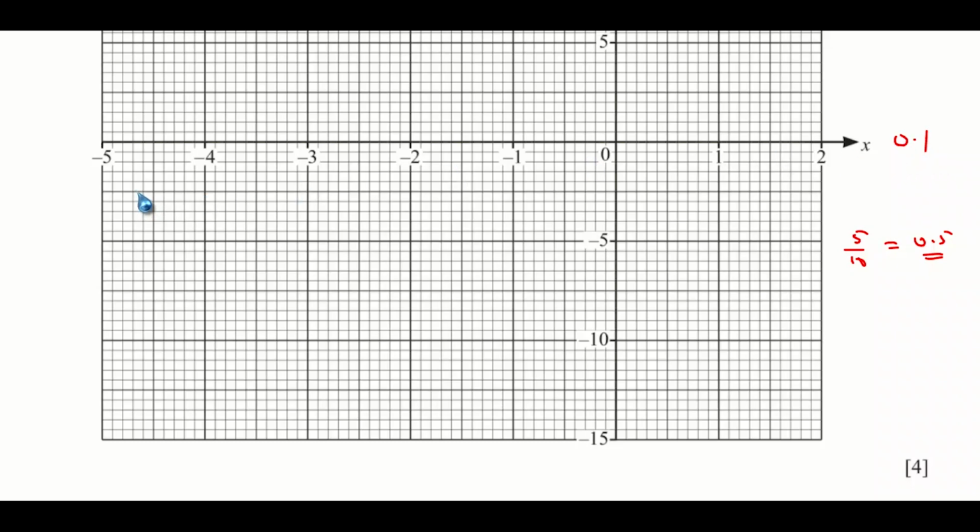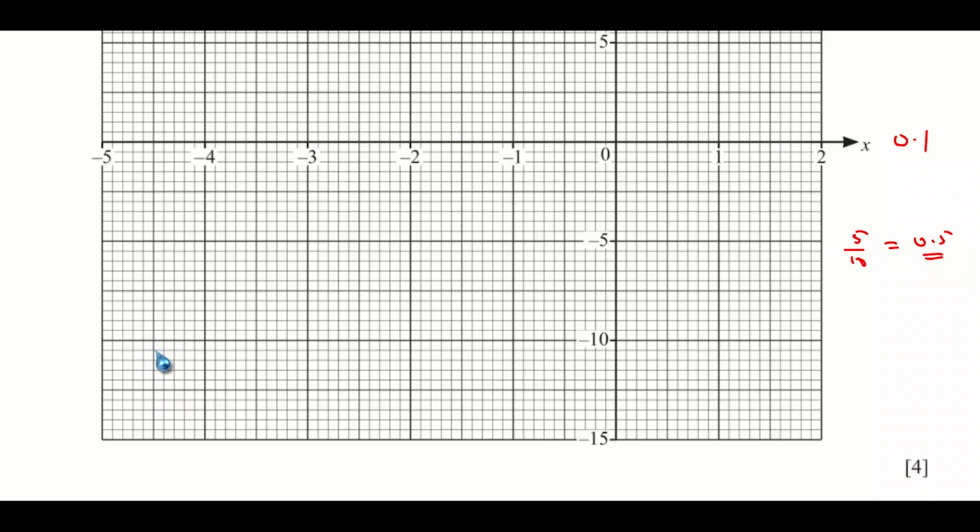So for x equals -4.5, it is here, this is -4, so -4.5 will be the middle here. Then y is equal to -14.1. Don't forget the value of a line is a half along the y-axis, so 10 will be here.